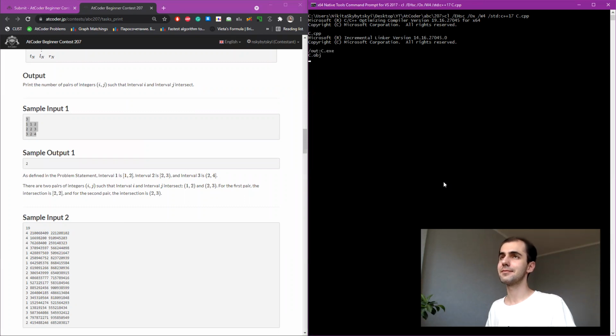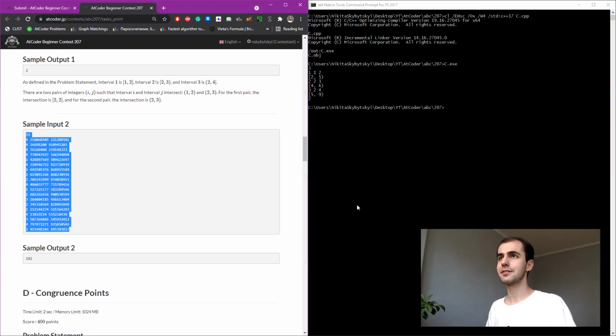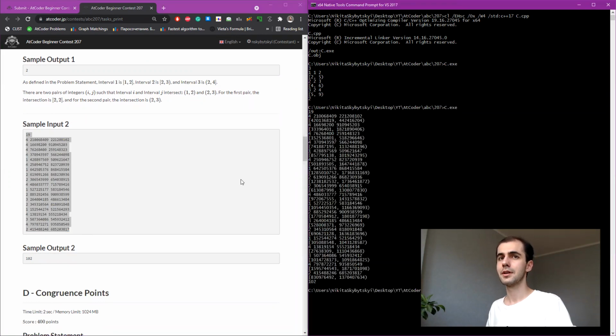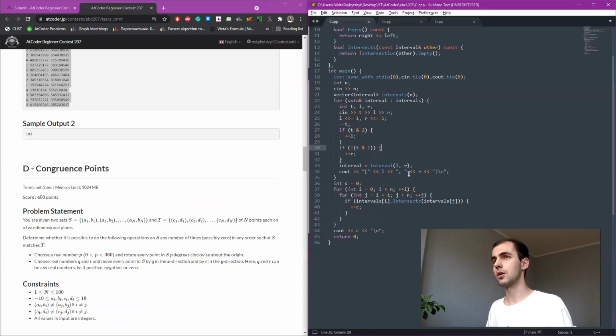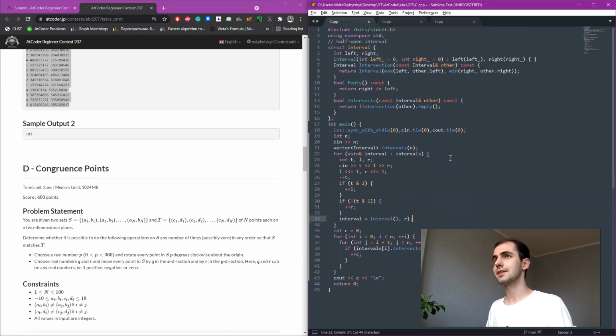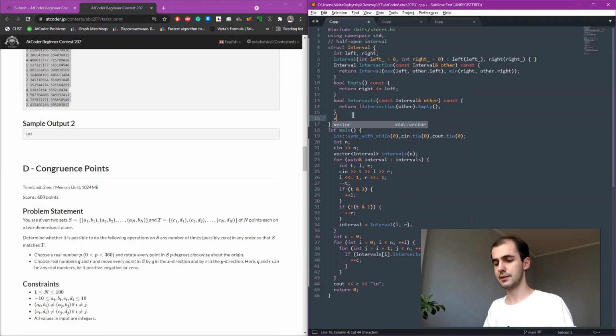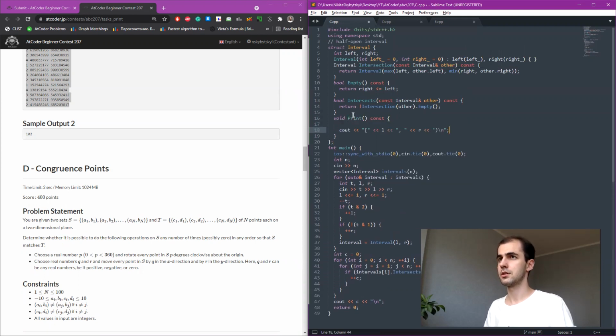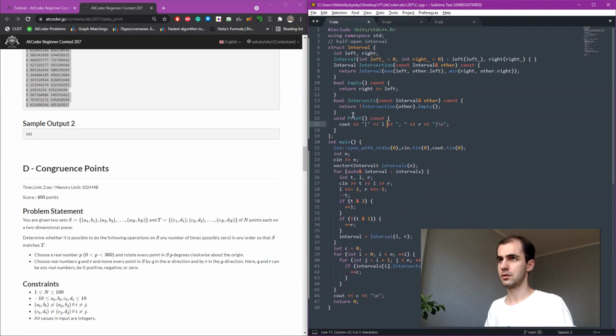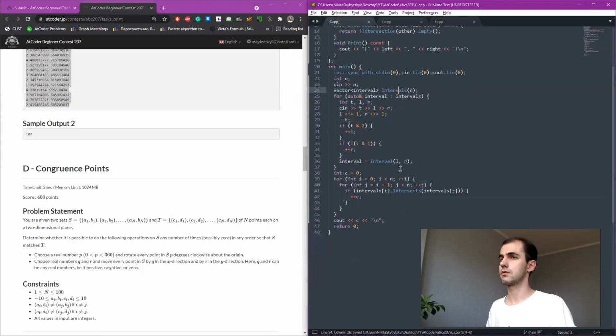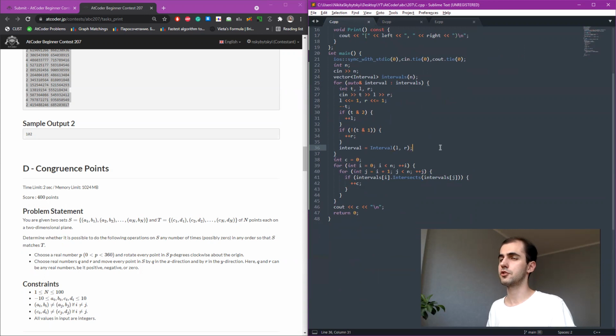Okay, now we are counting. 102. Okay, great. By the way, I don't know if we're going to need this at all, but it's always good to have a print function for whatever structure you have.